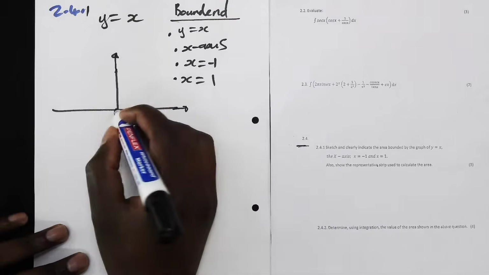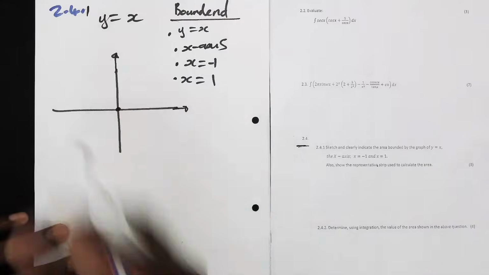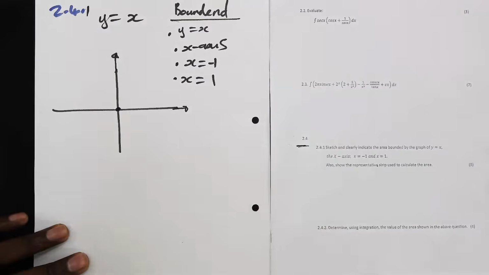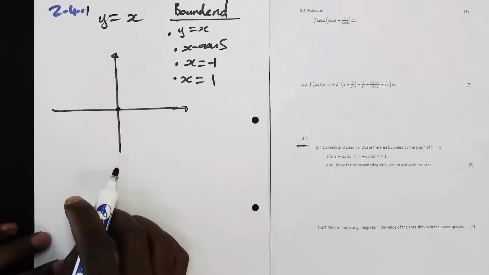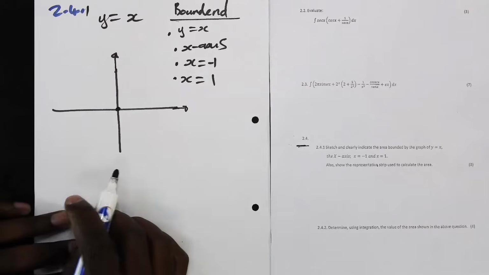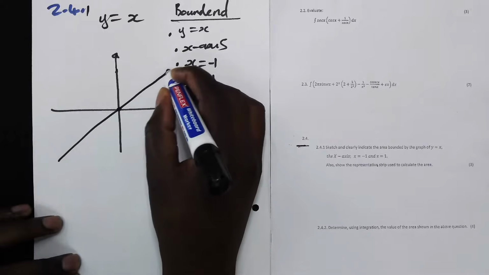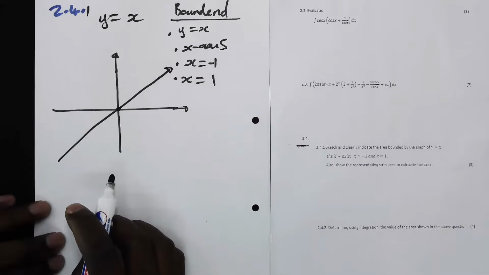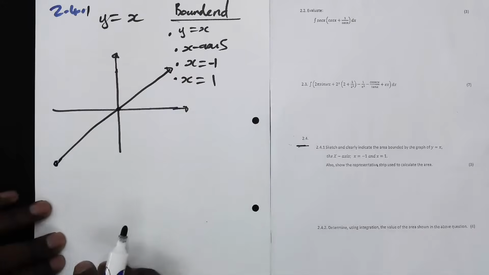If you let x equal 0, y is equal to 0, so it passes through the point O. Even if you didn't waste time, you just plot and have it in that way.